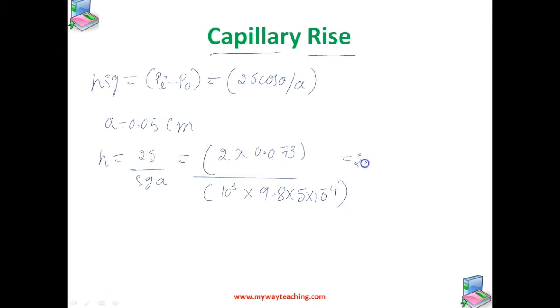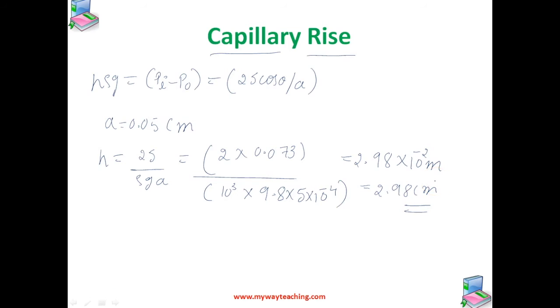We get the value as 2.98 into 10 raised to minus 2 meter. In other words, we can write it as 2.98 centimeter.